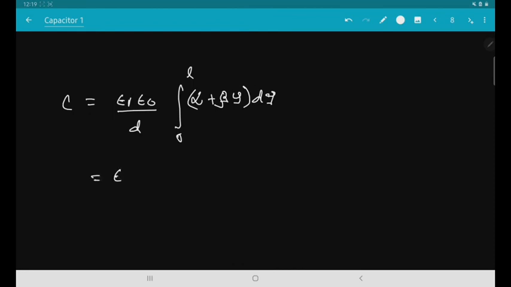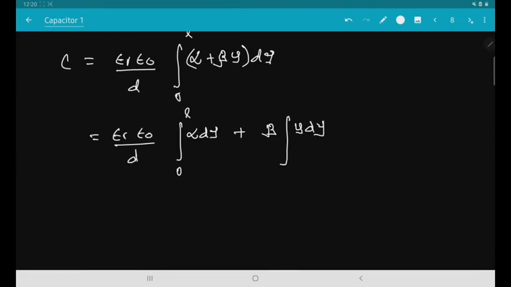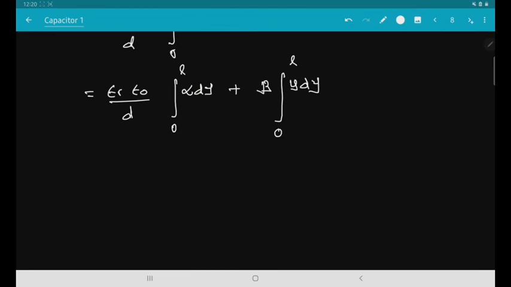That means we will get epsilon R epsilon naught divided by D. We will integrate this alpha dy from 0 to L plus, beta we can take as constant, and we will have y into dy from again 0 to L. Alpha is a constant, it will come outside.